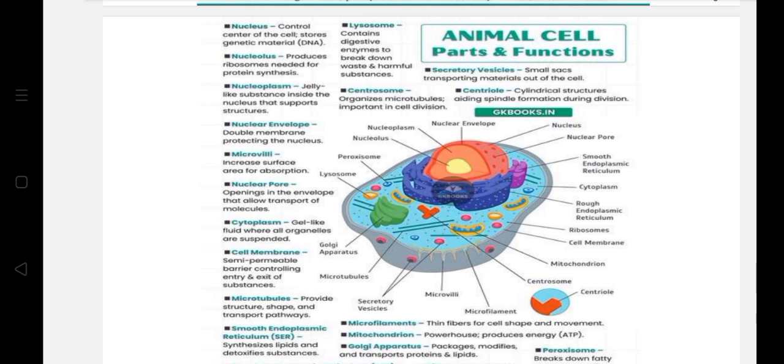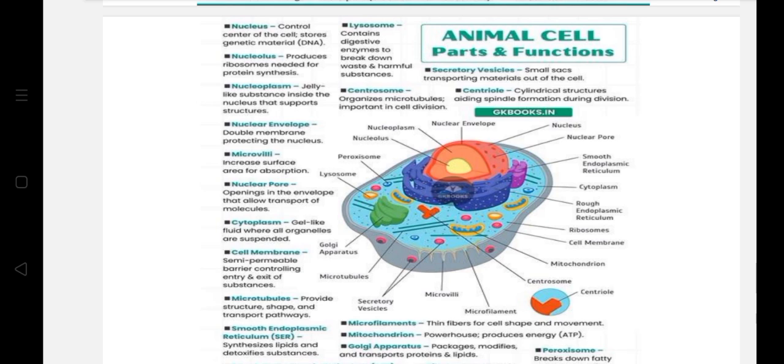How about their similarities? Both plant and animal cells have a nucleus, mitochondria, endoplasmic reticulum, Golgi apparatus, ribosomes, and cytoskeleton. So in simple terms, plant cells and animal cells share the same basic parts or basic organelles, but plants have a few extras for making food and standing tall.